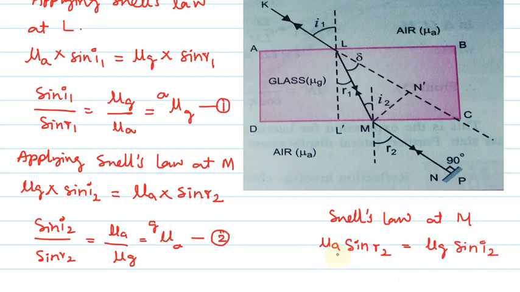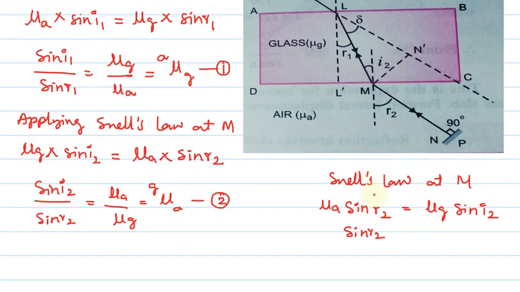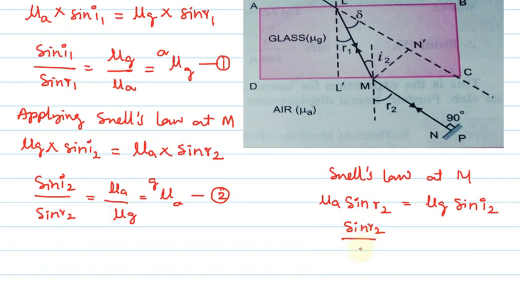So we can write this as sine R2 upon sine I2 is equal to mu G upon mu A. So this can be written as mu subscript G superscript A. Let me represent this as expression 3, right?